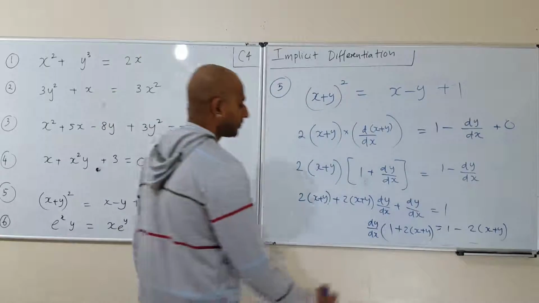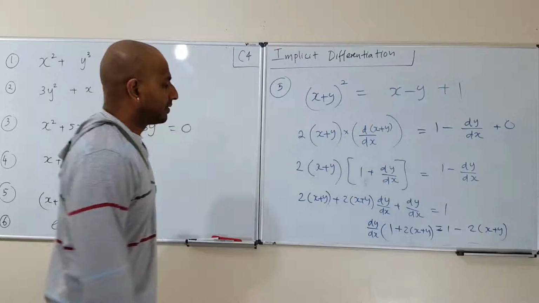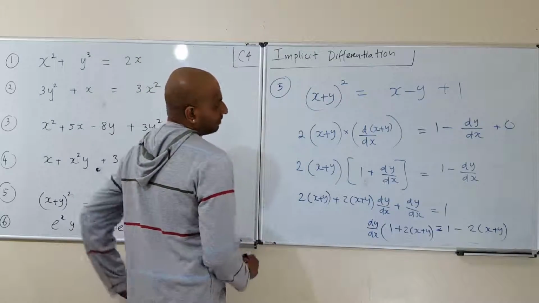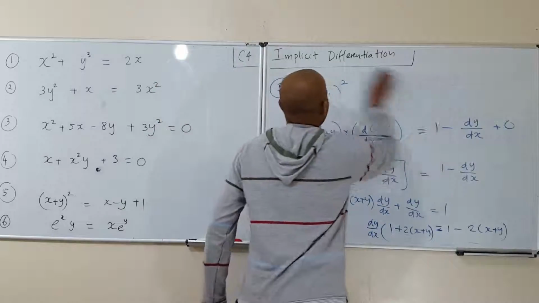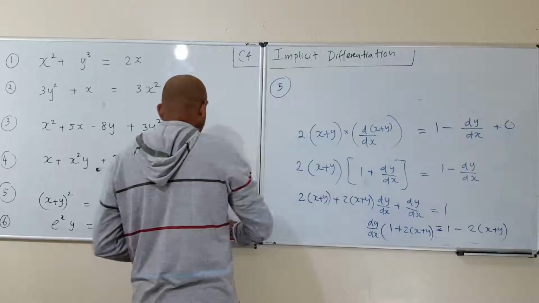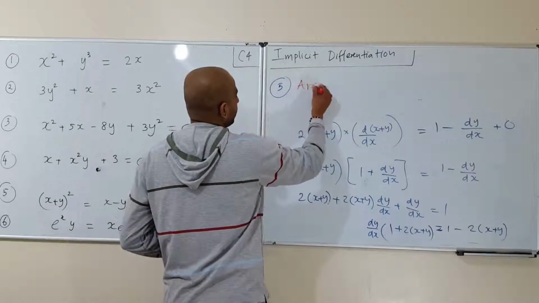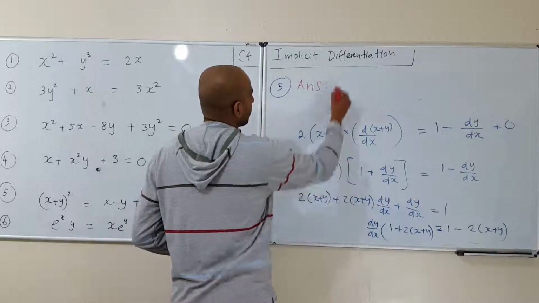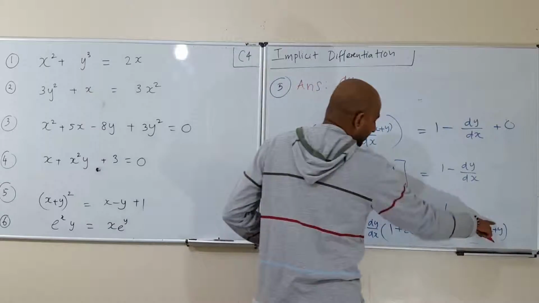Okay. So the answer can be written now. I'll write the answer basically on the top. Let me write it here. The answer can be written dy/dx equals that divided by that, isn't it?